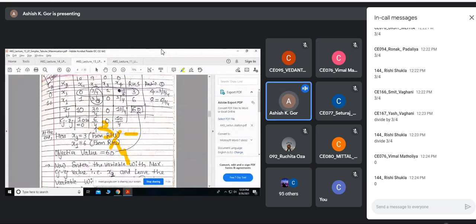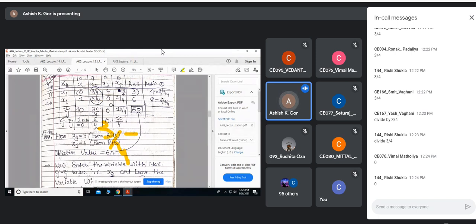How? You can understand that 3 by 4 is the old value, minus the corresponding key row and key column value. So 3 by 4 minus what?